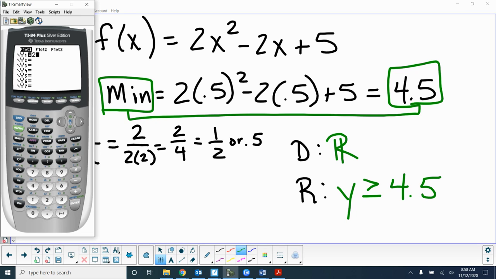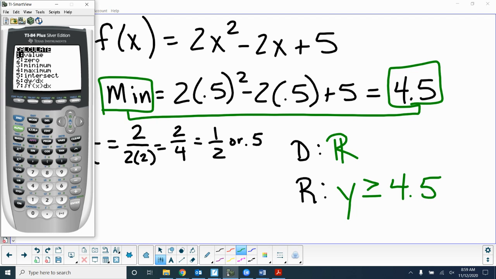So 2x squared minus 2x plus 5. Good graph. Okay. Didn't I show you the other day how to find the intercepts on the calculator? What is it, Sydney? Yeah, second trace. Second trace is next to graph.